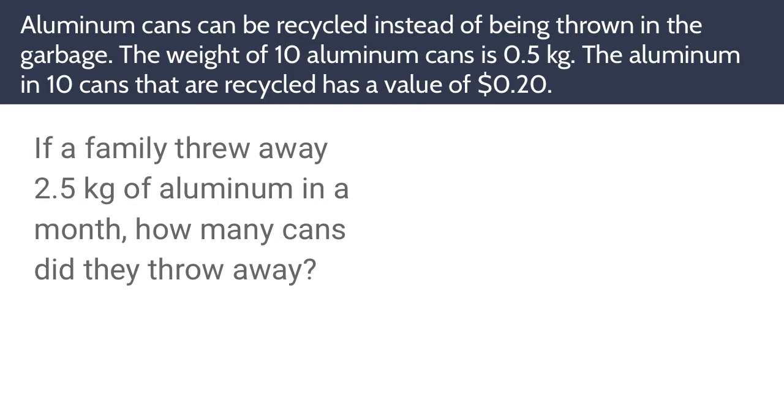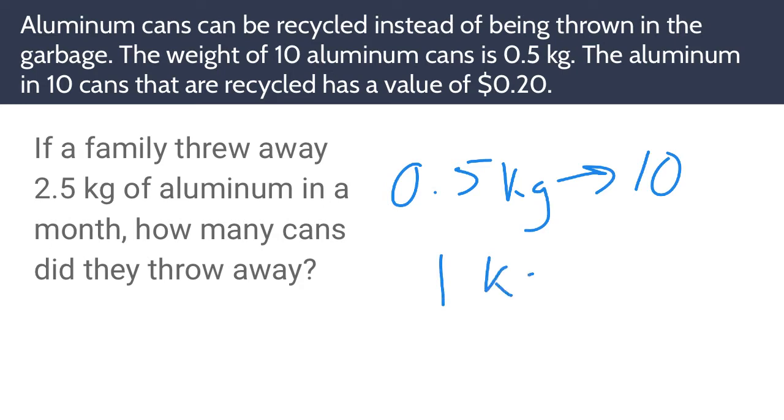Well, to solve this problem, we could use what we know about the cans. So the one thing we know about the cans is that 0.5 kilograms is 10 cans. We could find 1 kilogram, which would be 20 cans, and then just build up to the 2.5.